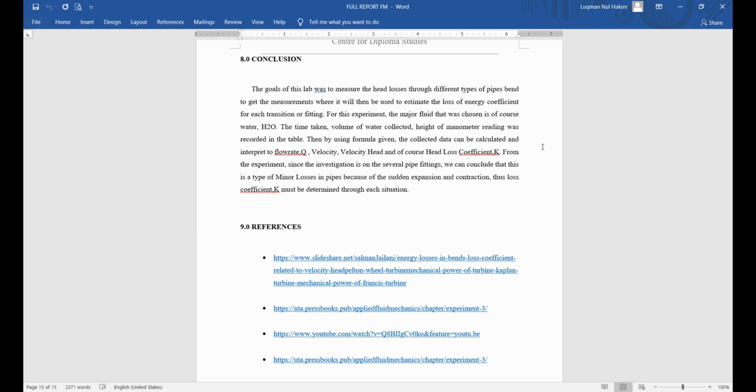By recording the time taken, volume of water collected, and height of manometer reading, we could calculate the value of flow rate Q, velocity head, and head loss coefficient K. We can conclude that this experiment is about minor losses in pipes because it has sudden expansion and contraction. So the loss coefficient K must be determined for each situation.